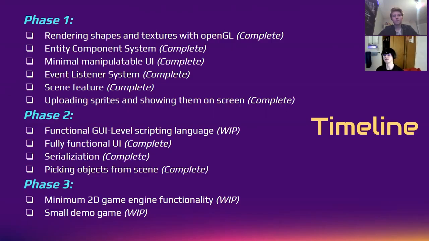And then we needed an entity component system, which would be any kind of in-game object like a house or a plant. We also needed a minimal but useful user interface, some sort of event listener system so that we can actually get any information from our window and actually use it, and a scene feature. We needed to also be able to upload sprites and show them to the screen.